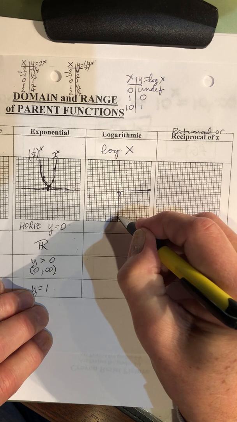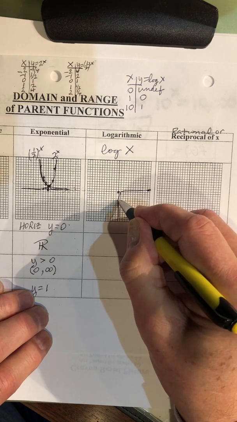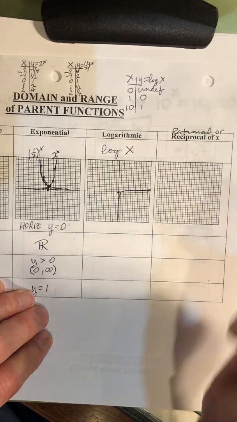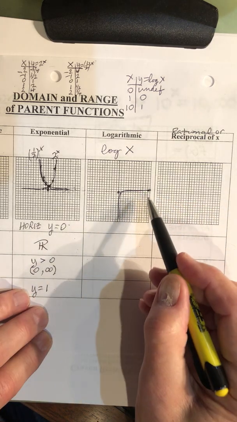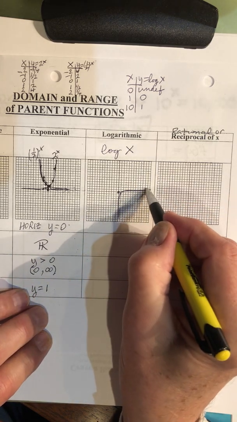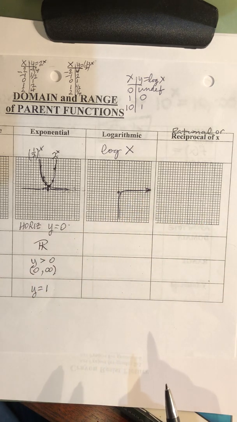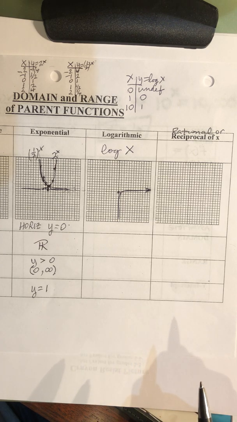Wow. All right, let's fill this in. Now, by the way, this continues to go up as it moves to the right, but very slowly. In other words, it has to go all the way out to 100 before it gets up to 2. So it goes up very slowly, but it does continue to go up.